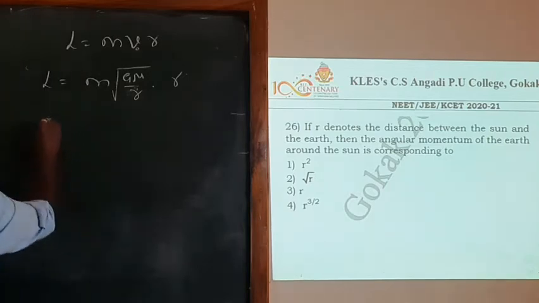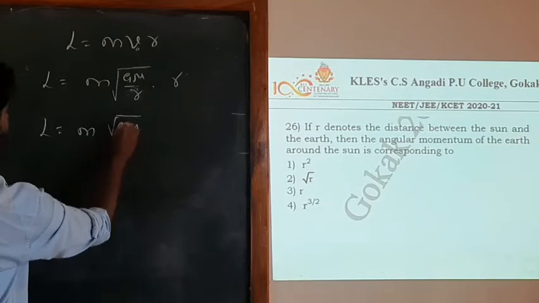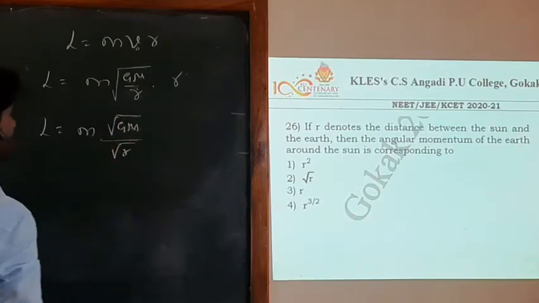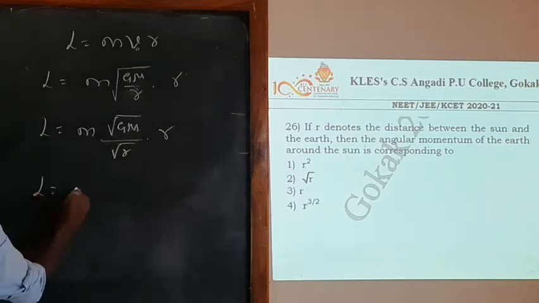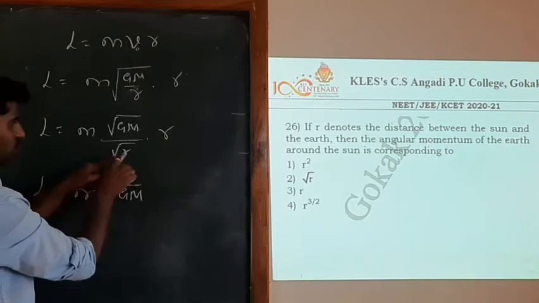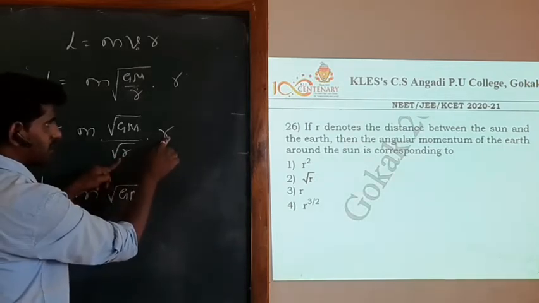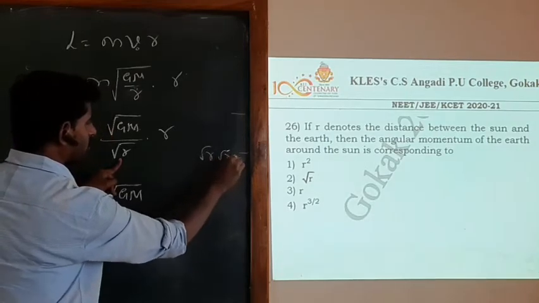Next, I can write it as m as it is, root of GM divided by, I write the r separately with the square root, and this is r. L is equal to m into root of GM, and here this is root of r and this is r. So this r can be written as root r into root r.